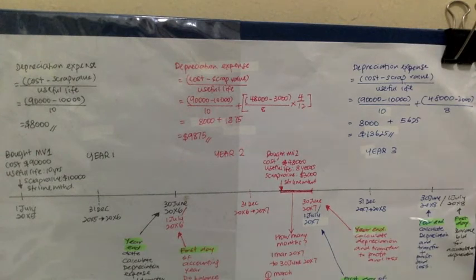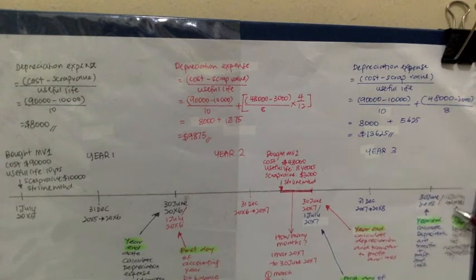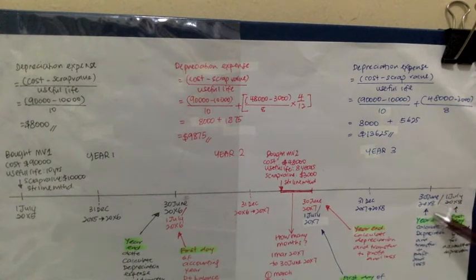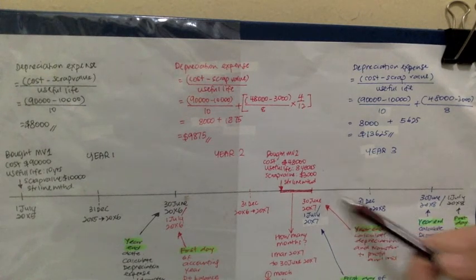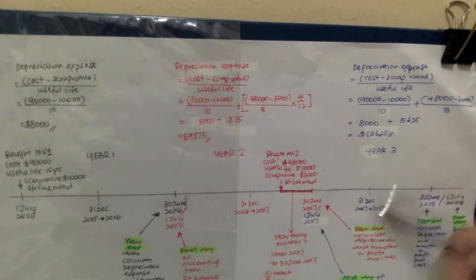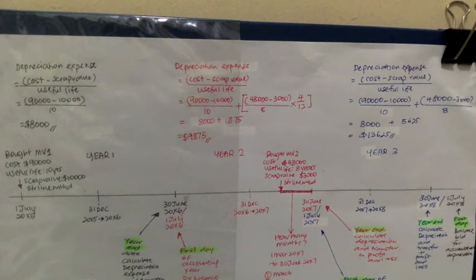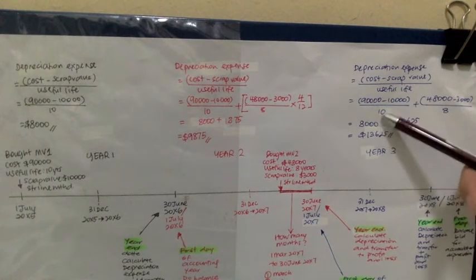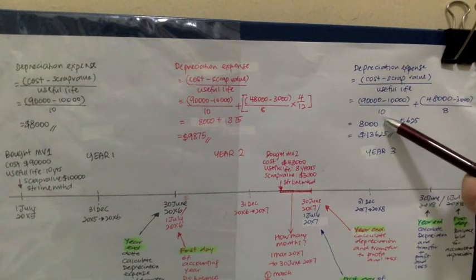For year 3, the accounting year is 1st July 2007 to 30th June 2008. For this period, we also need to calculate the depreciation expense. We found earlier that for the first motor vehicle, the depreciation is always 8,000. How about the second vehicle?